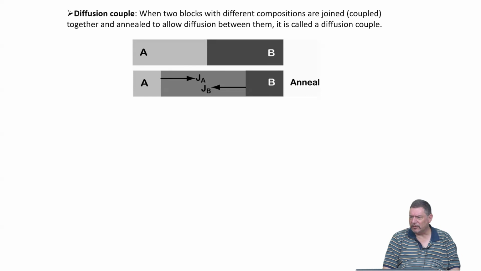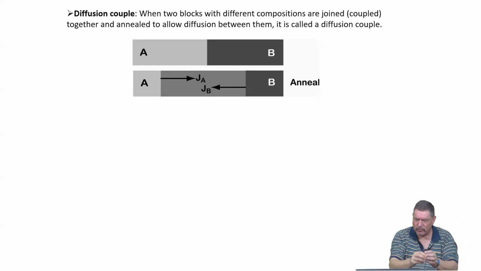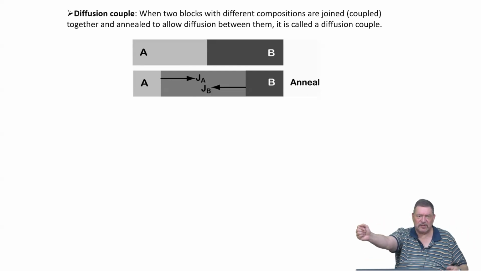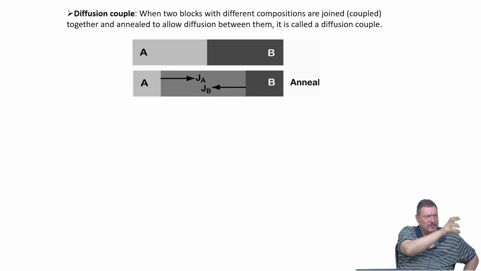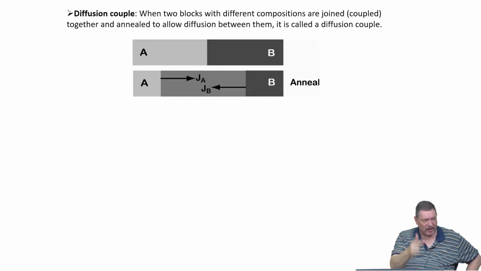Let's say you have a polycrystalline high entropy alloy, and you have two of them with different composition. You bring them together as shown here. They form a diffusion couple. And now you want to measure how nickel diffuses from one high entropy system into the other high entropy system. But you know there are grain boundaries. You know there are dislocations.